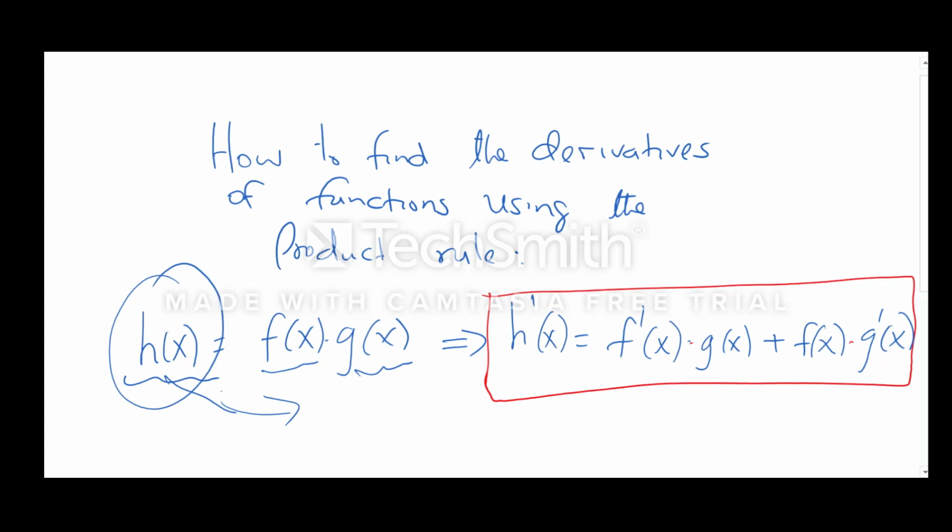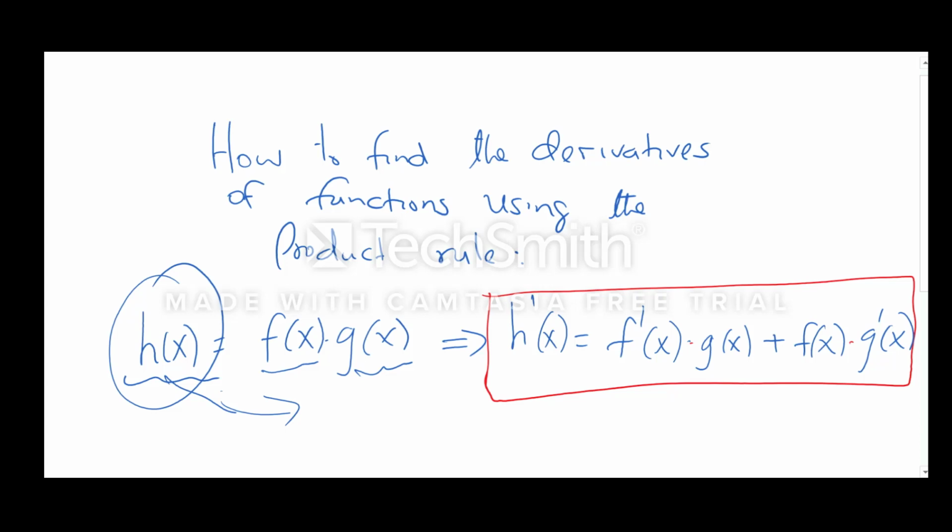Take the derivative of the first function, multiply by the other function without taking its derivative, and then add that to the first function, not taking its derivative, multiplied by the derivative of the second function.